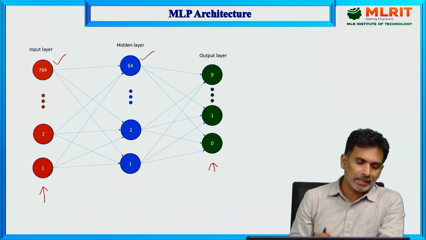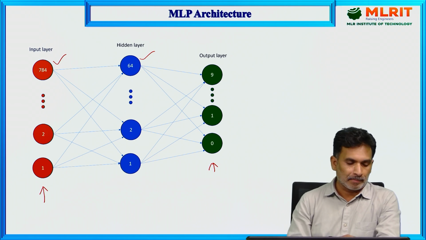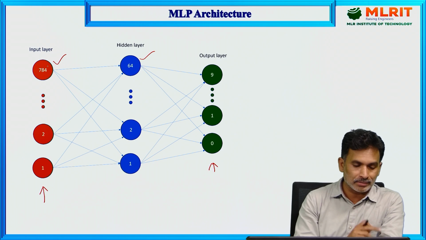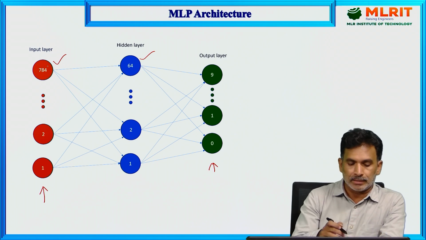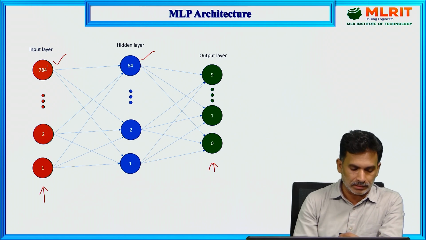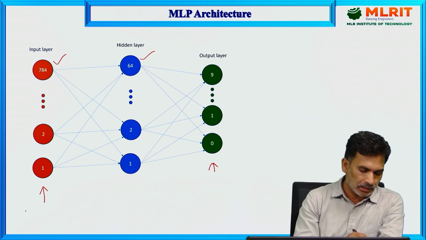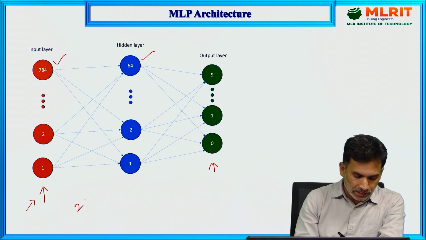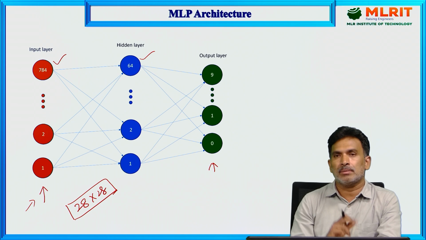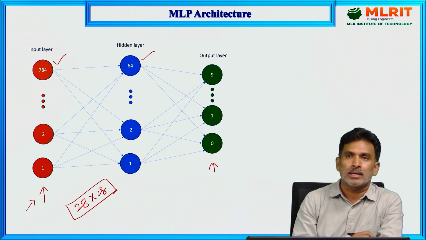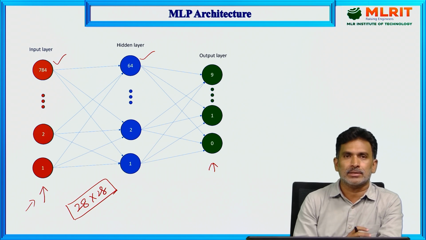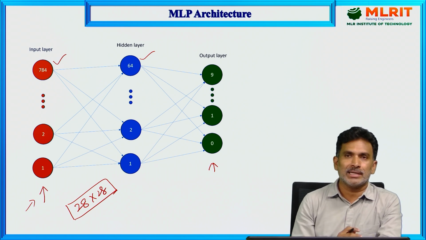Why do we need 784 neurons in the input layer, and why 64 neurons in the hidden layer? These depend on the input, on the size of the image. In the MNIST handwritten digit data set, any image has a dimension of 28 by 28.